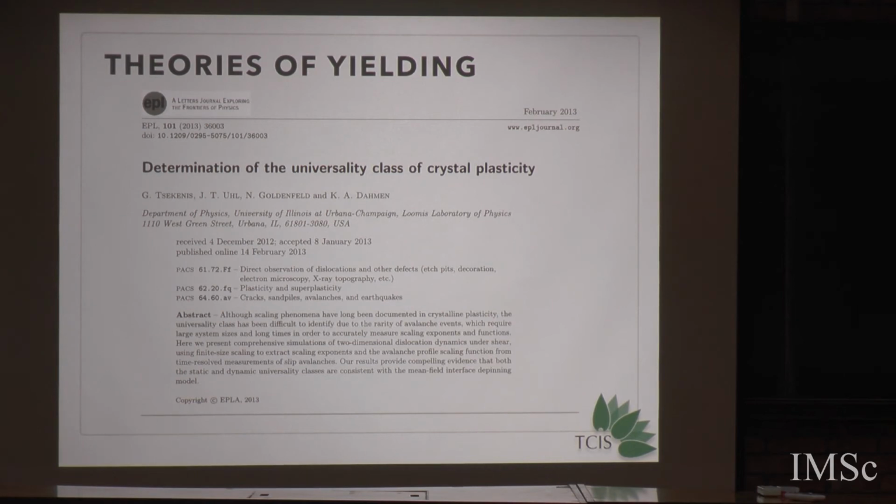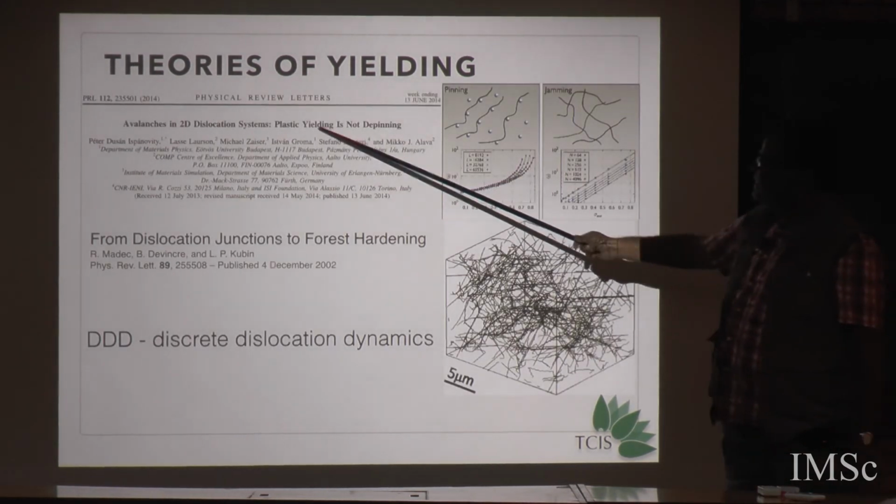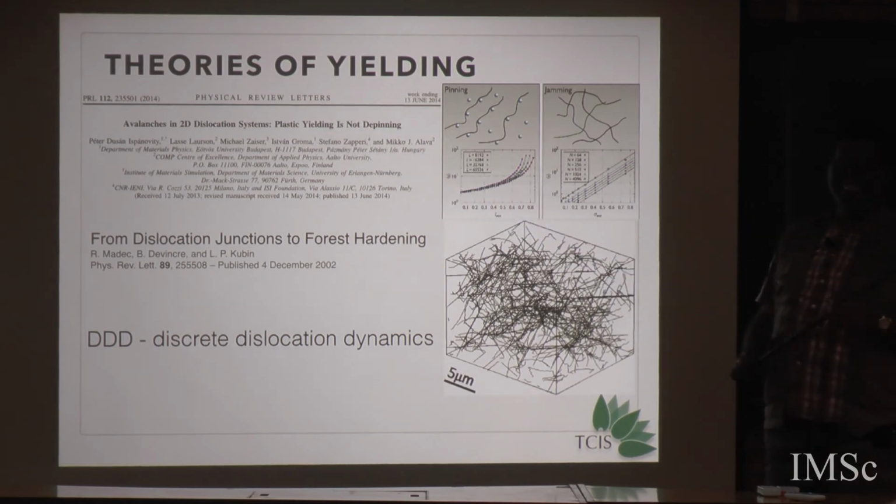But then again, you have papers like this, which says that yielding is not depinning. Yeah, so there's a controversy there, whether this universality class is correct or not. So I'm just trying to tell you that the jury is not out on this.